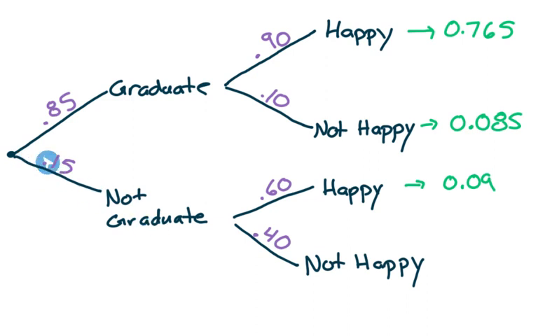And then the probability somebody did not graduate and is not happy, this would give me a value of 0.06. So what these values tell us is the probability out of everybody. So the probability that they're happy and graduated out of the entire population.